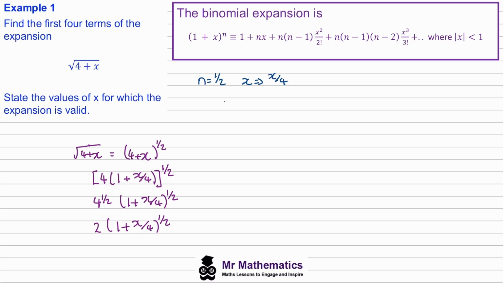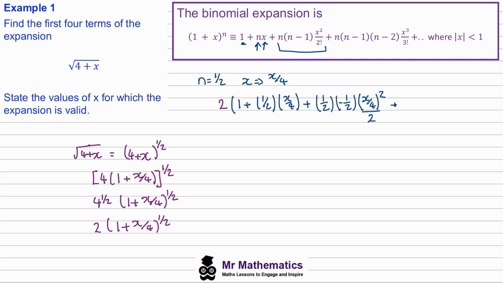So we'll get 2 multiplied by the 1 plus this n, which is 1/2, multiplied by the x term, which is x over 4. And then moving on to this part, we've got n again. We've got n minus 1. So 1/2 minus 1 is negative 1/2. And then we've got the x squared term, so x over 4 squared divided by this 2 factorial, which is just 2.